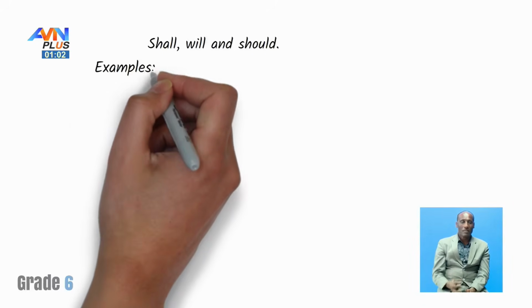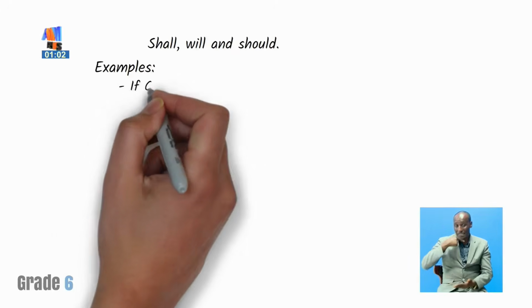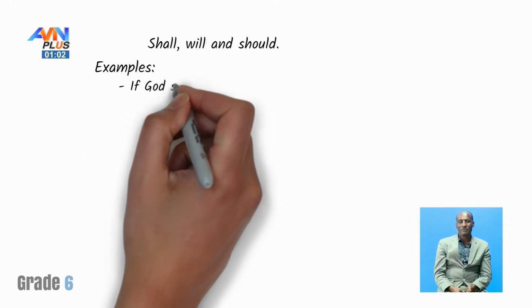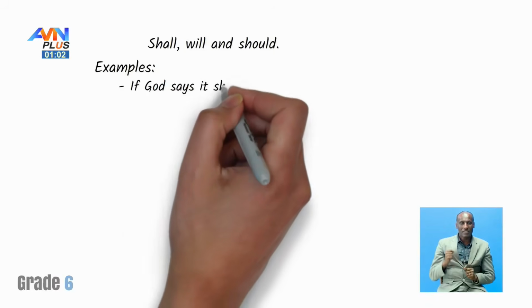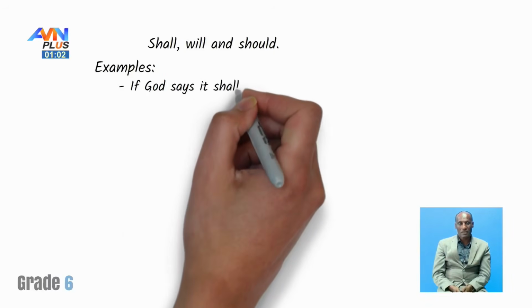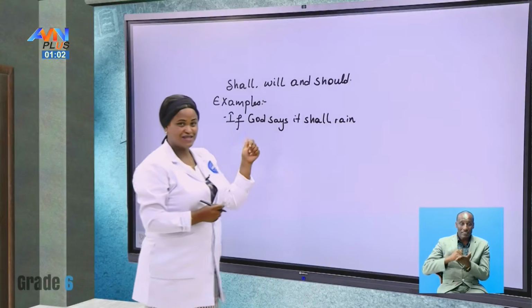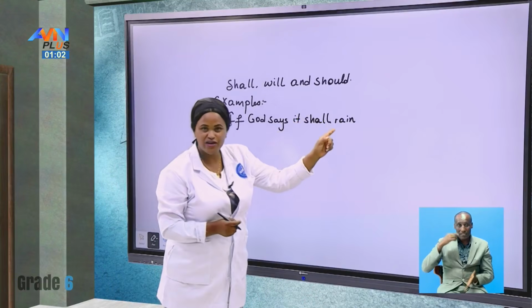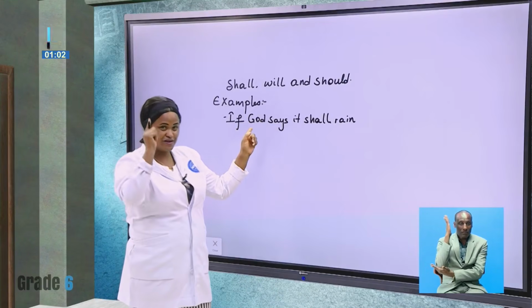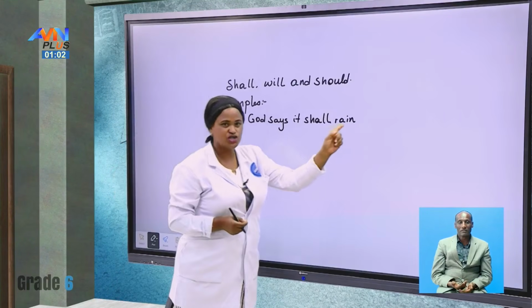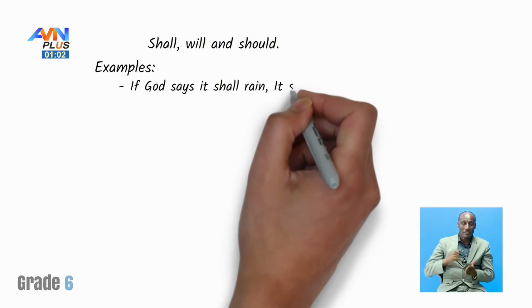Examples. Look, if God says it shall rain, who are we talking about? We are talking about the Creator, right? If God says it shall rain, then what do you think? It shall rain, right?